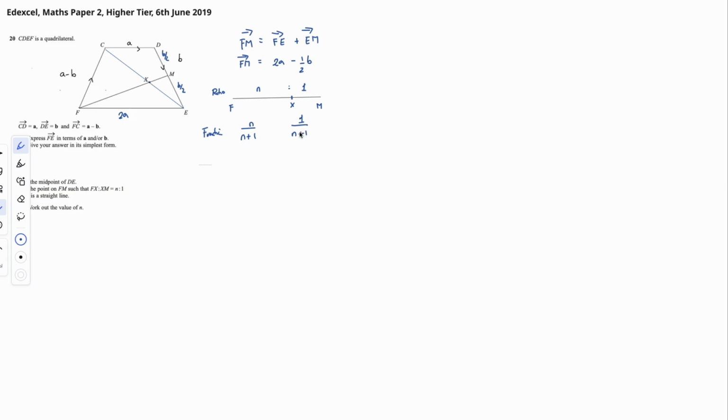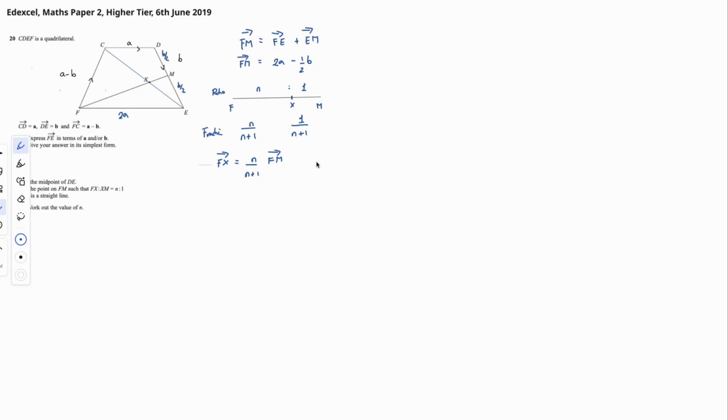So we have an expression that tells us that FX is equal to some fraction, n over n plus 1, multiplied by the full length of the line, vector FM. So that's one way of creating an expression, and that's part of our step work 4 in our framework.